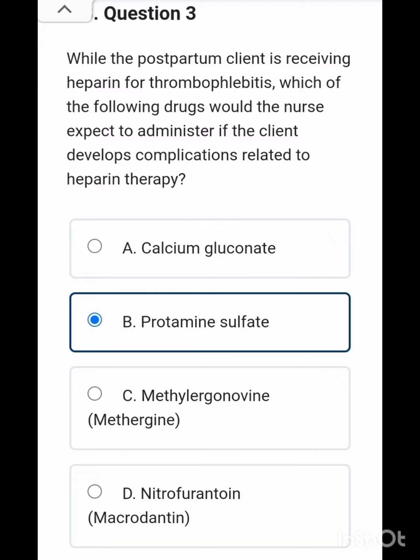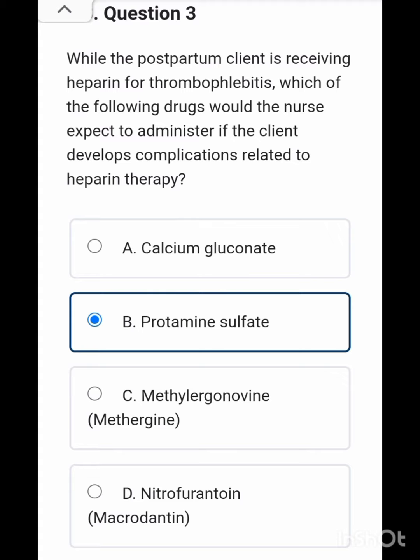Third question is, while the postpartum client is receiving heparin for thrombophlebitis, which of the following drugs would the nurse expect to administer if the client develops complications related to heparin therapy? Heparin is an anticoagulant that is given for thrombophlebitis, inflammation of the veins.